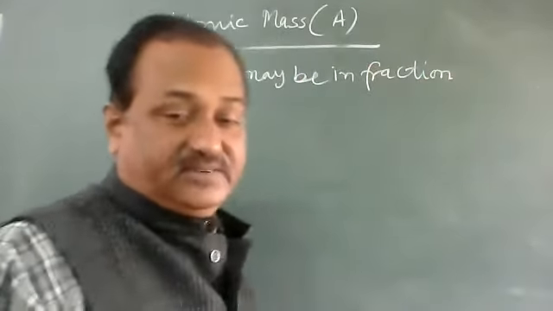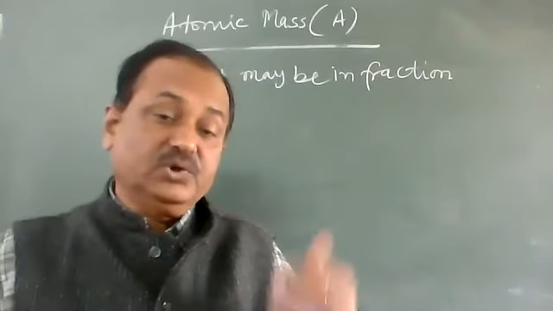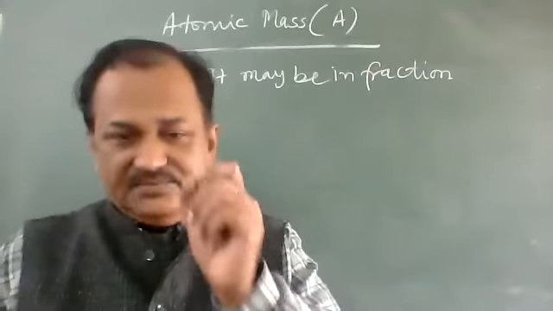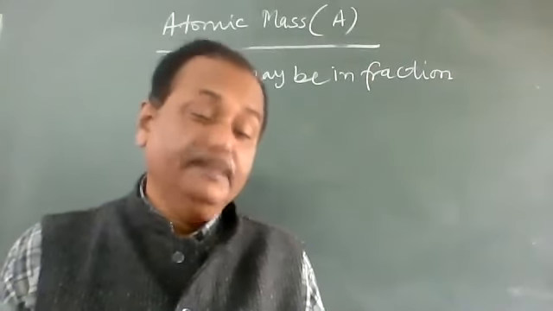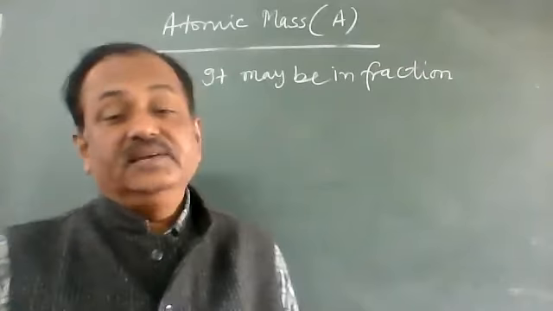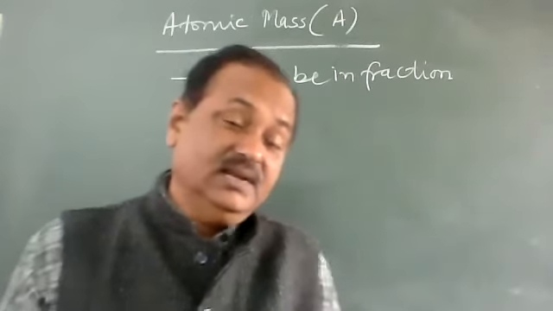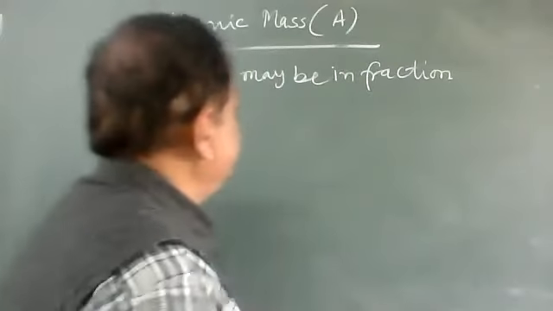It can be in fraction, because protons and neutrons sometimes have slight fractional mass. Because the proton is a very energetic particle, it keeps on radiating energy, so its value is sometimes in fraction.